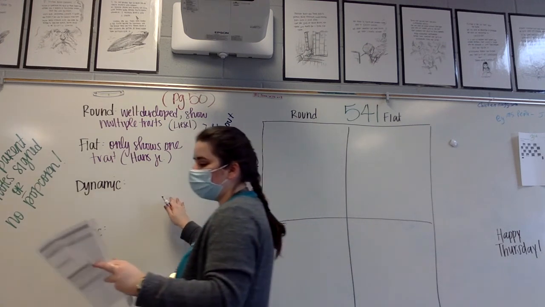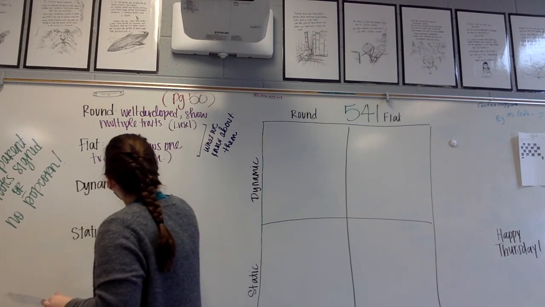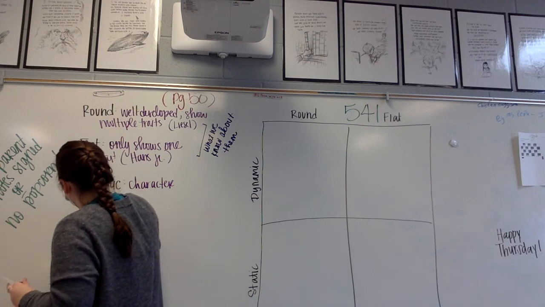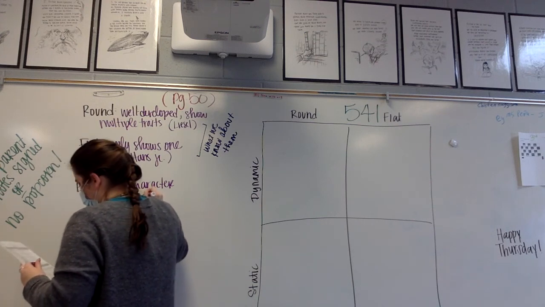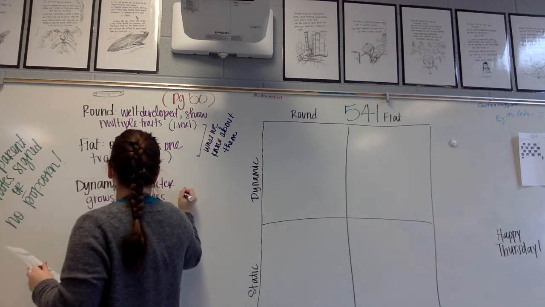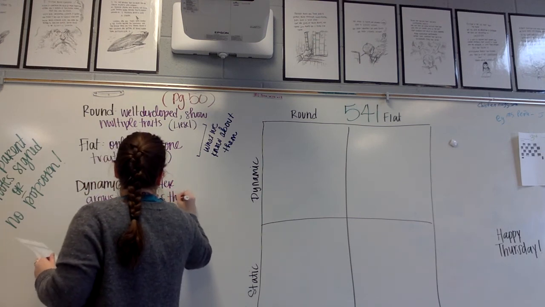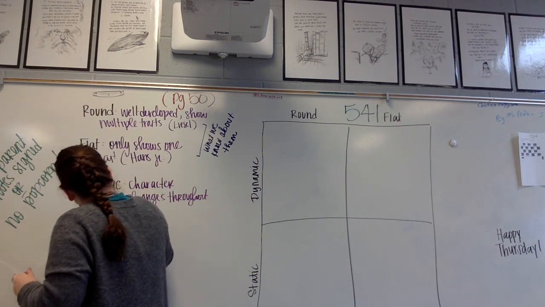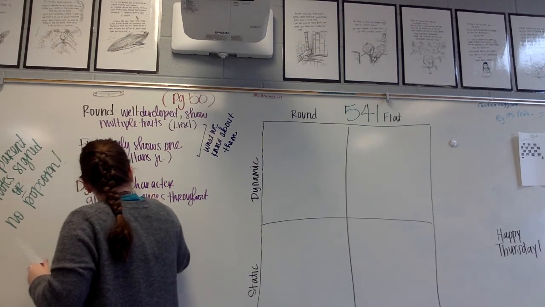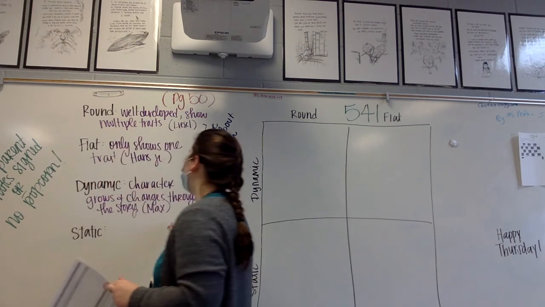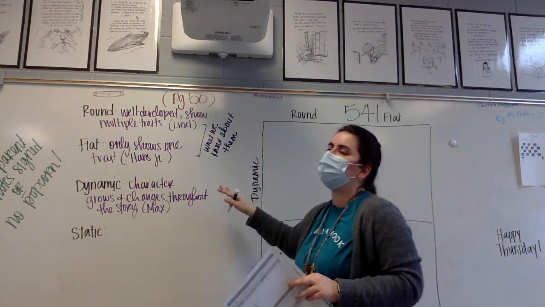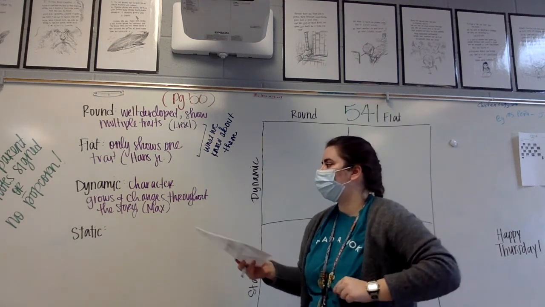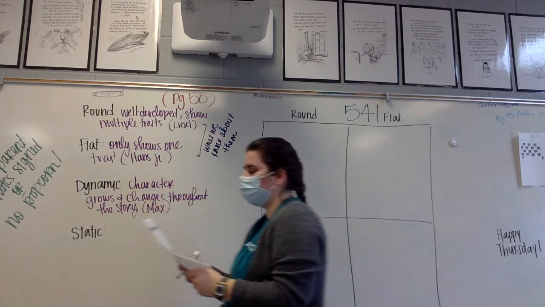So a dynamic character, the character grows and changes throughout the story. Like Max. That's a good example. By the end of the story, a dynamic character is different than when they started out. So static is the opposite of that.